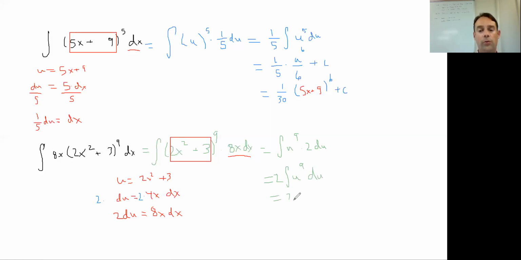All right, so 2 times u to the 10 over 10, plus c. So we have 2 over 10 times, and you could simplify that 2 over 10 to 1/5 if you wanted to, it doesn't matter, 2x squared plus 3, to the 10th.